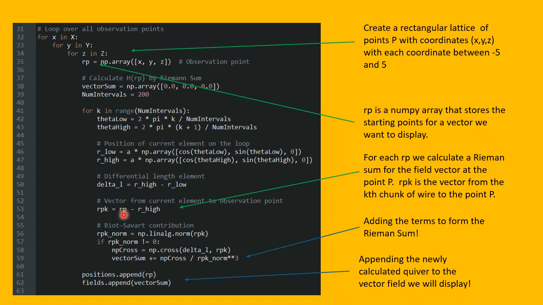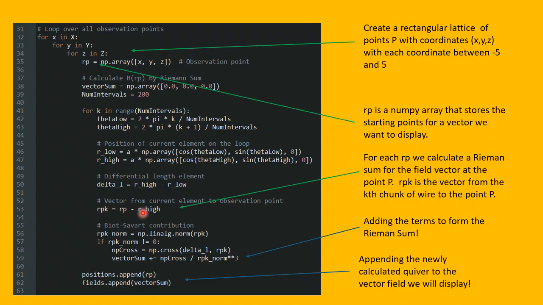We're going to have to form a Riemann sum involving the kth little component of the current. And to do that, we saw in our calculations previously, we defined something called R sub pk, and that was the distance from the kth chunk to R sub p, RP. And so that's basically what we're doing here.